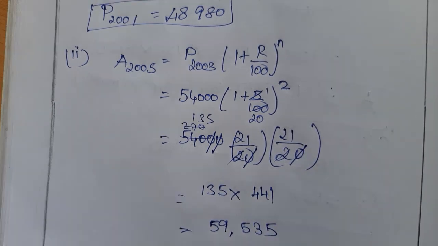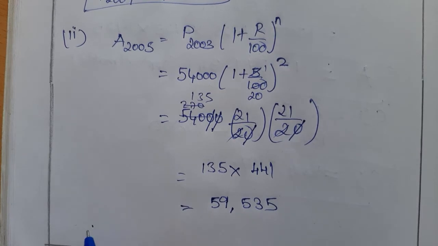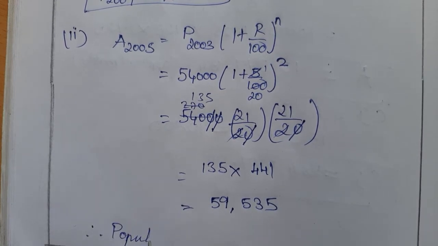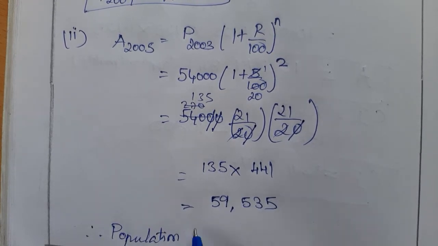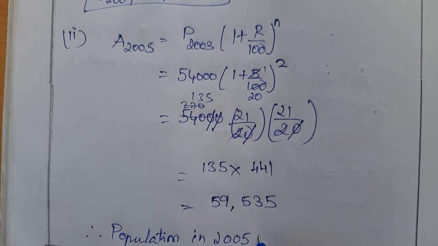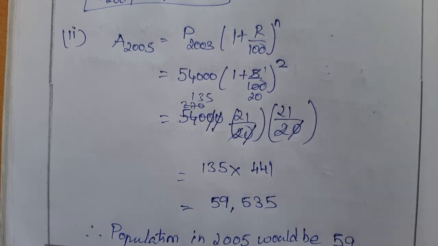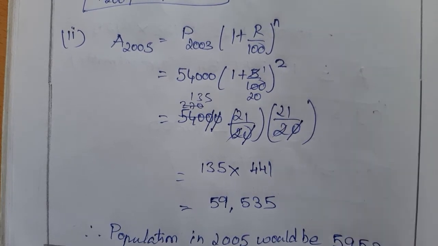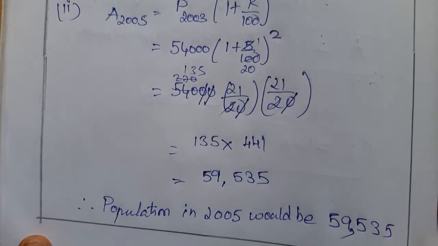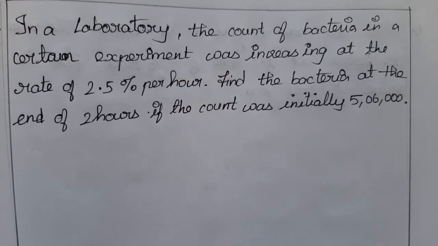Clear? Therefore the population in 2005 would be 59,535.